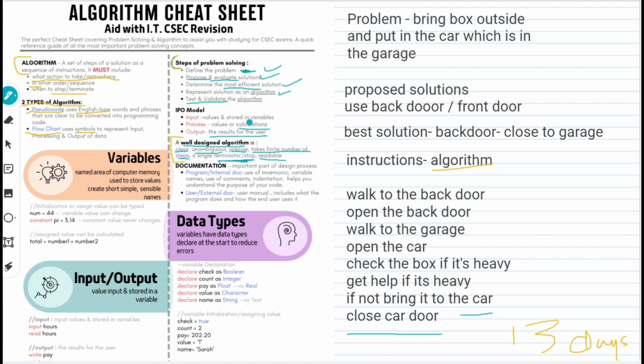So we see this word variables. What exactly are variables? What are they talking about? It wouldn't be the first time you've seen variables. You had to do it in your SBA, right? Now, variables are named areas of computer memory used to store values. So just think about you naming a box.